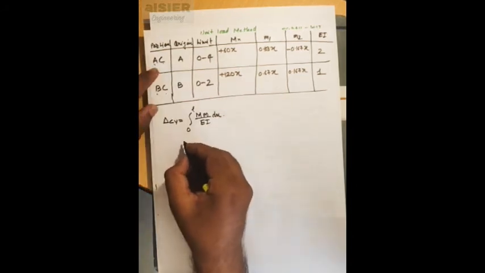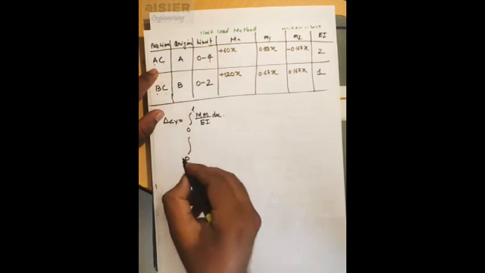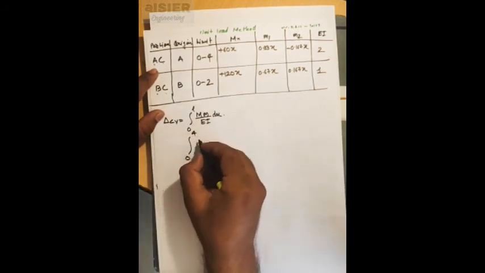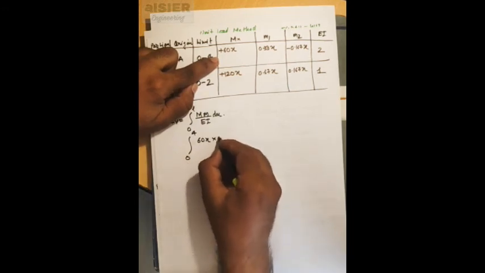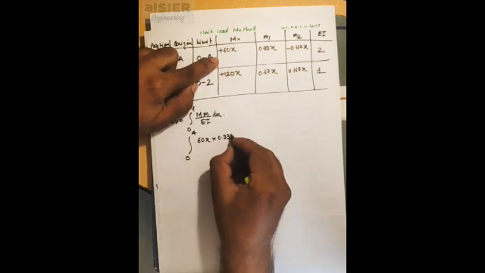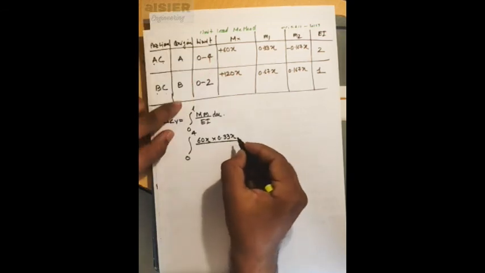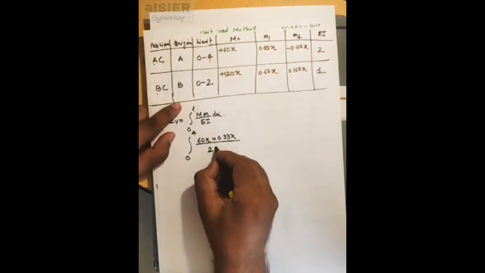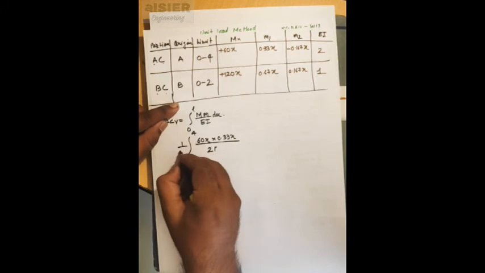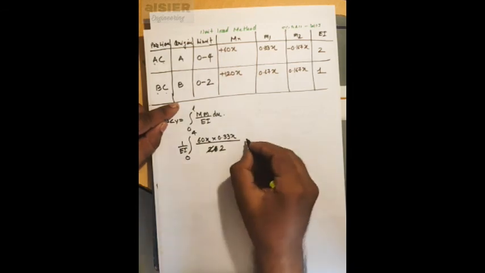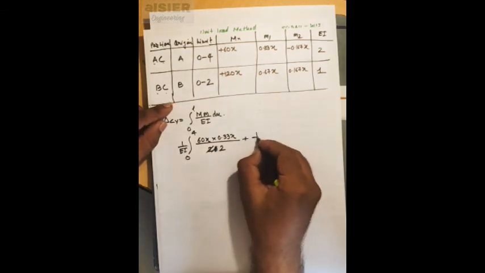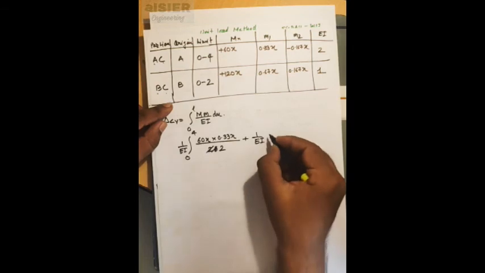So for the AC region, limits are 0 to 4, capital M is 60x and small m is 0.33x divided by the value of EI, which is 2. I will take EI outside, so here it will be only 2. Okay, plus 1 upon EI, we will take it as common.